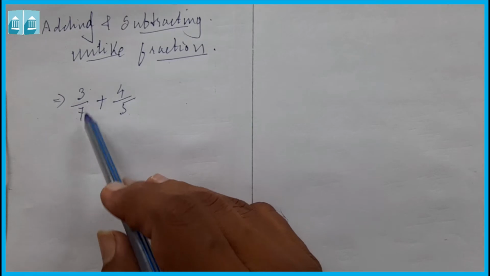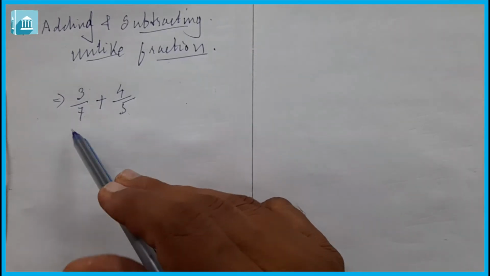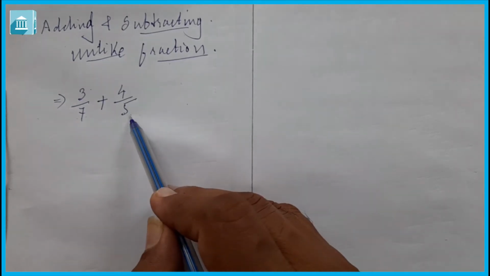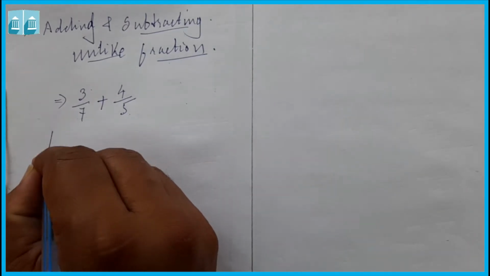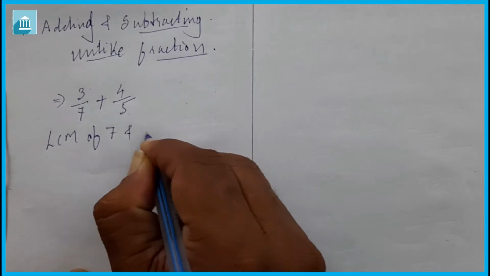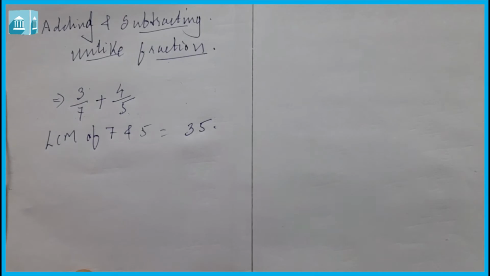The denominator of 3 by 7 is 7, the denominator of 4 by 5 is 5. They are not the same, so we have to make them the same, and to make them the same we need to find the LCM. LCM of 7 and 5 is equal to 35.